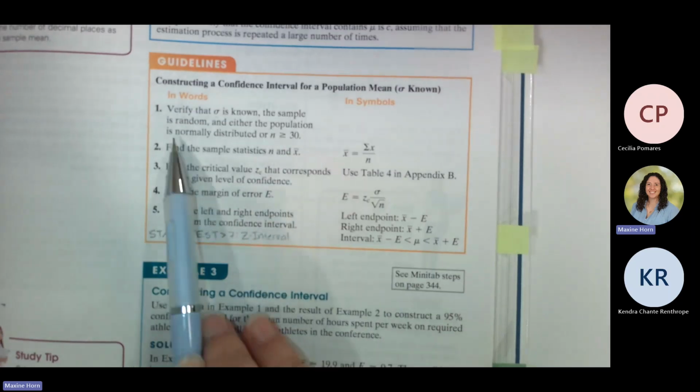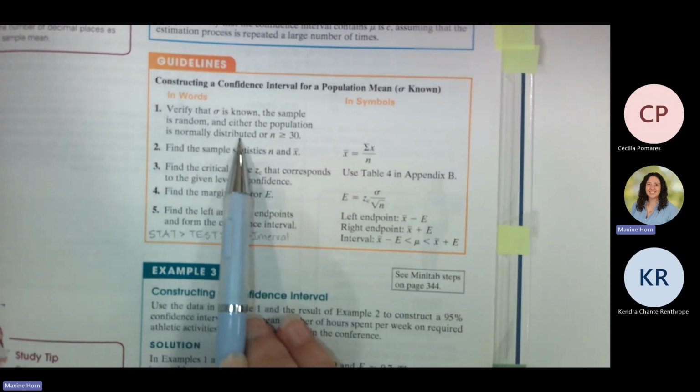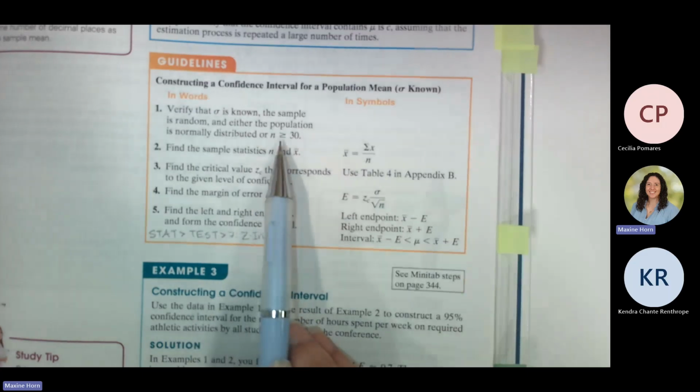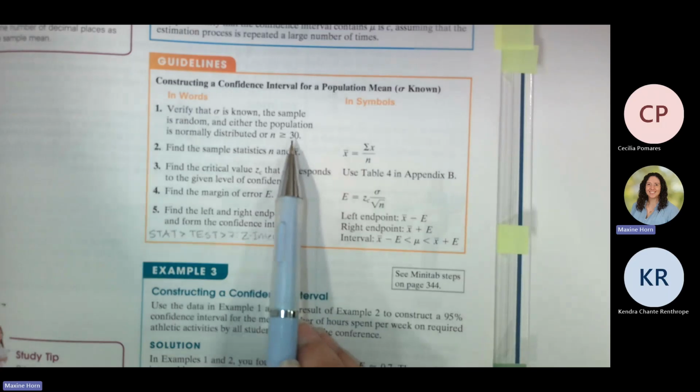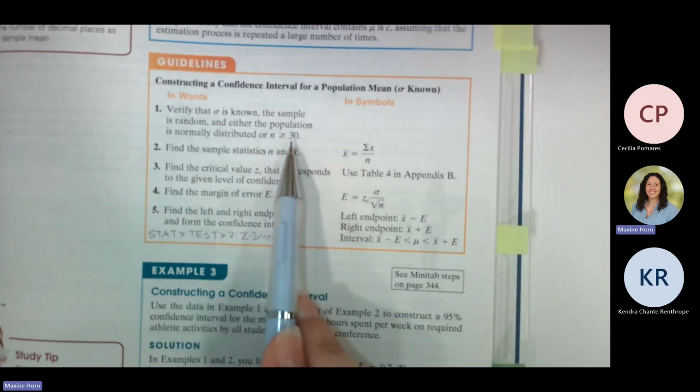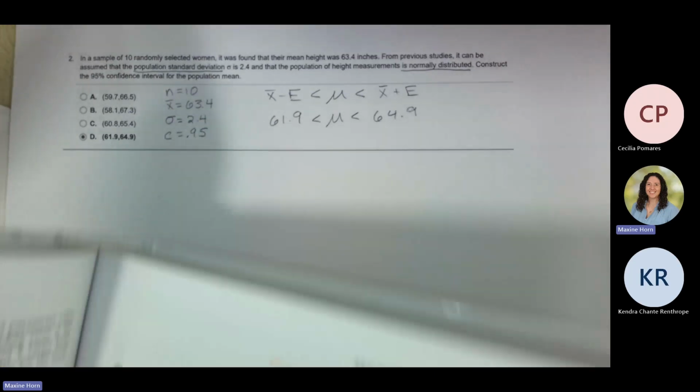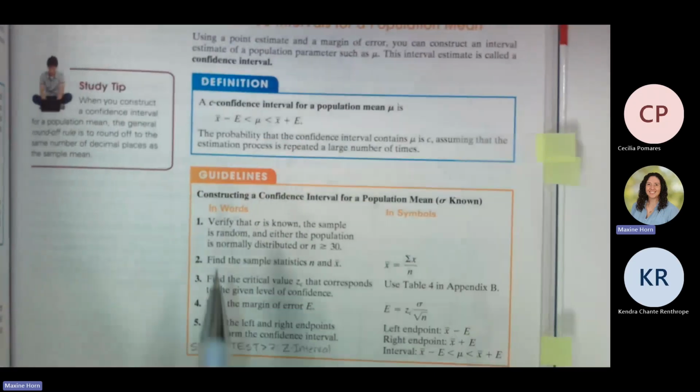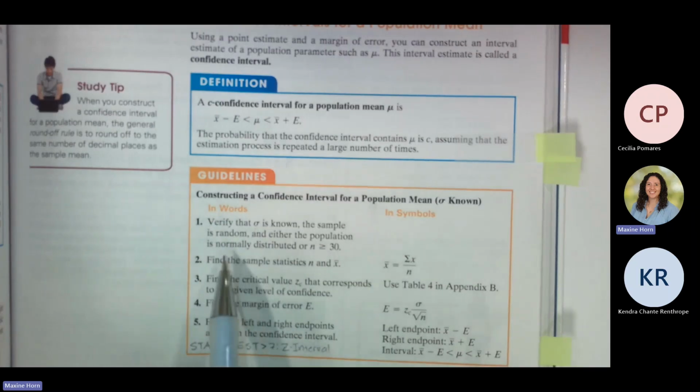Either the population is normally distributed, or if the population isn't normally distributed, that's okay, as long as our sample size is 30 or more, right? N is greater than or equal to 30. And then it goes the other way too, right? So if our sample size is not 30 or more, like for instance, if our sample size is 10, like it is here, then we're only allowed to do this if we meet the other criteria, if we are normally distributed, right?